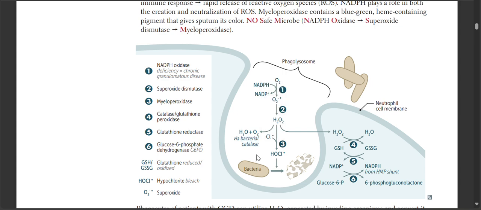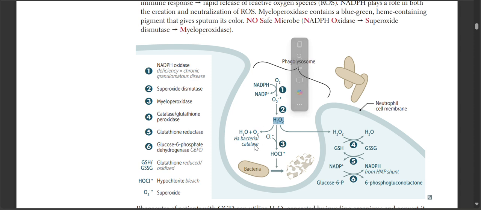Now, a couple of things. Let's say you are not able to produce the reactive oxygen species, the O2 and the O2 minus, because you have a deficiency of NADPH oxidase, so you won't have a lot of peroxide.